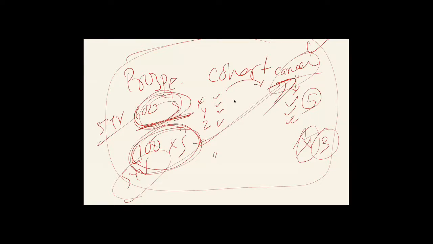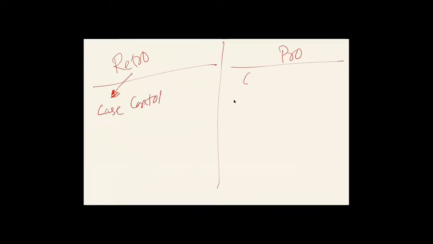So let me just give you the brief again when I talk about retrospective and prospective. Here I can have number one, case control, and here I will have majority cohort. And in retrospective I will also put a cohort, but that is the way I mentioned.